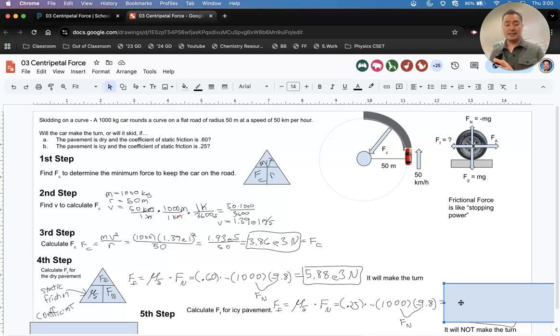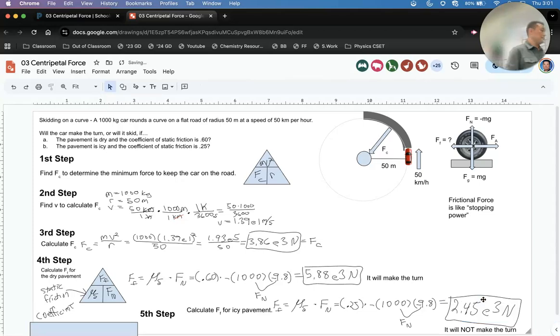Next student calculating is Atsiri. Put in 0.25 times negative 1,000 times negative 9.8. Times 10 to the third.